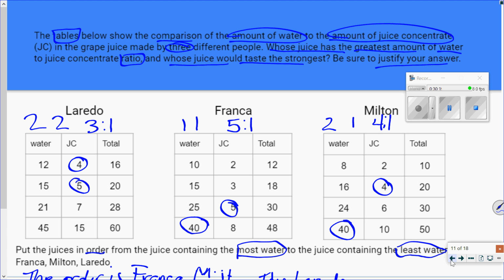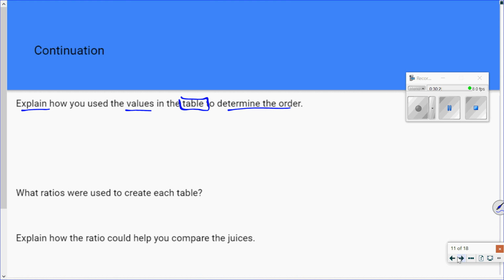It's because the question was asking who had the most water to use. So how did we use the values to determine that? So we found the same values in the water. Okay. 40 for Franca and Milton's, and then we compared who had less and who had more.